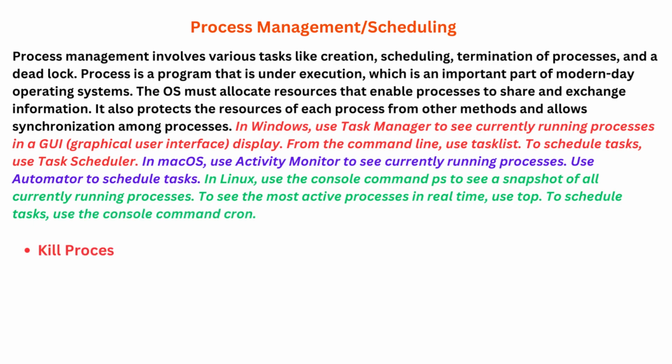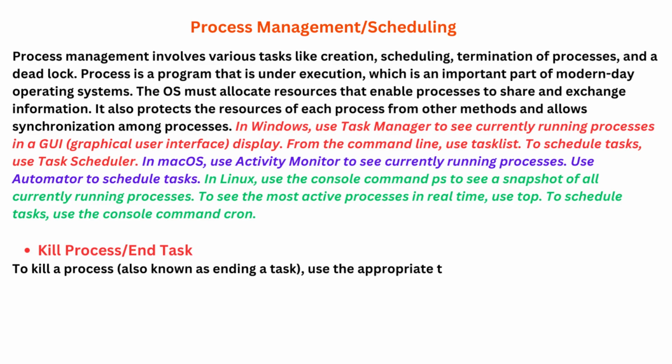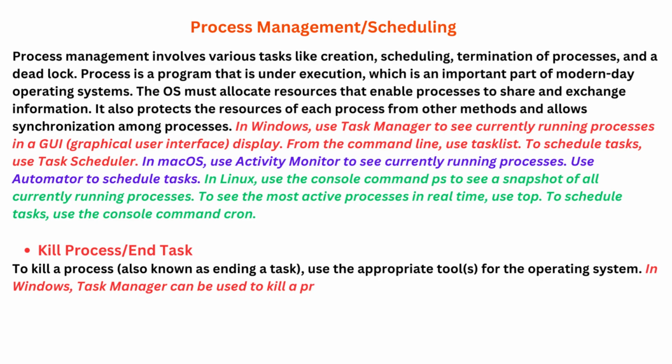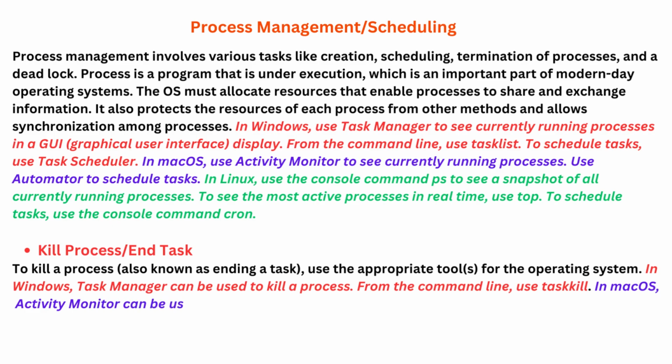Kill process, end task. To kill a process, also known as ending a task, use the appropriate tool for the operating system. In Windows, Task Manager can be used to kill a process. From the command line, use taskkill. In macOS, Activity Monitor can be used to kill a process.